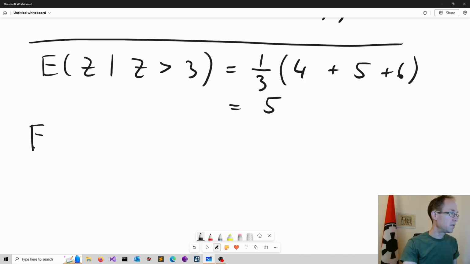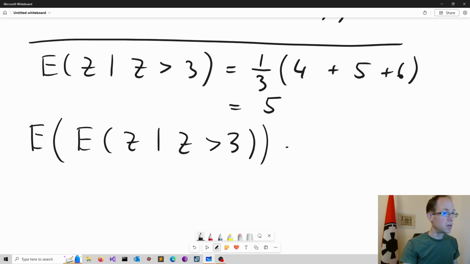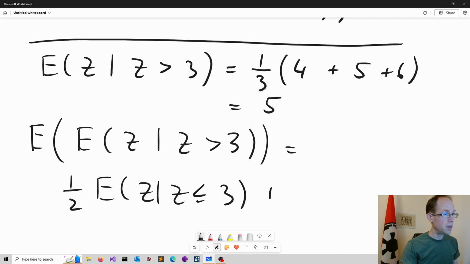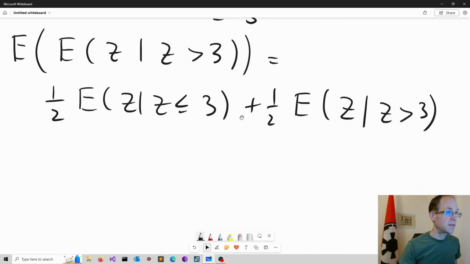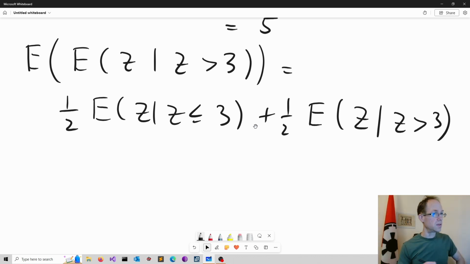The expected value is equal to 1/2 times the expected value of Z given Z less equal to 3 plus 1/2 times the expected value of Z given Z larger than 3. And that simply follows from our definitions of how to calculate expected values.